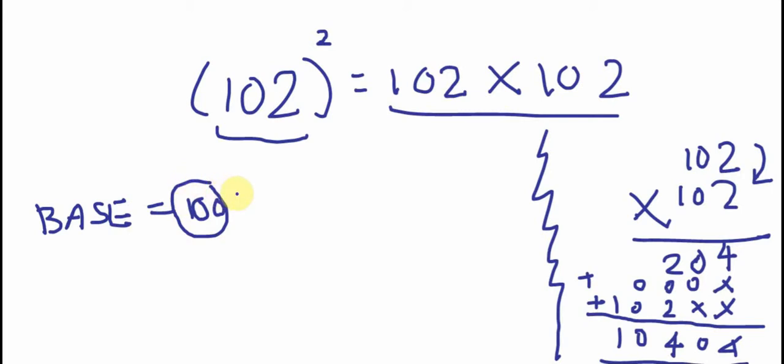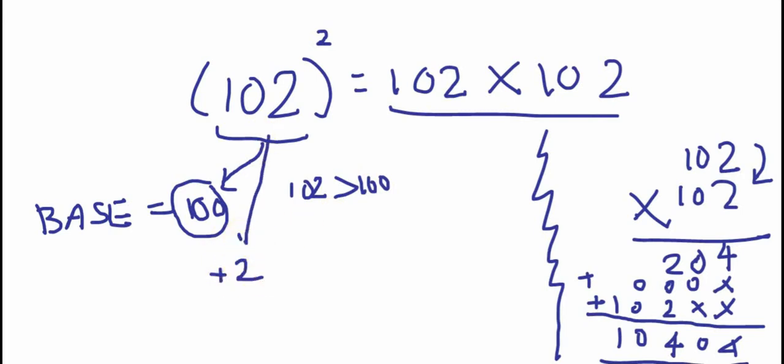The only step which you need to follow is that you have to compare the number, which is 102, whose square is to be calculated in this case, with our base, which is 100. So when you compare 102 with 100, you see that 102 is greater than 100. It is greater than 100 by 2, so just write plus 2.